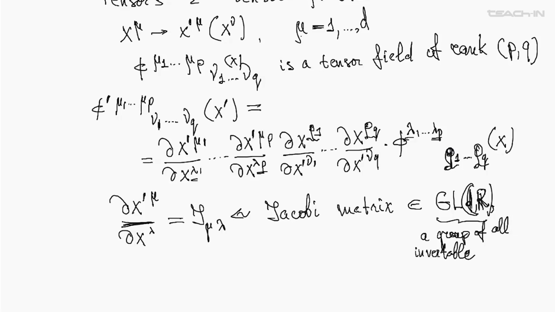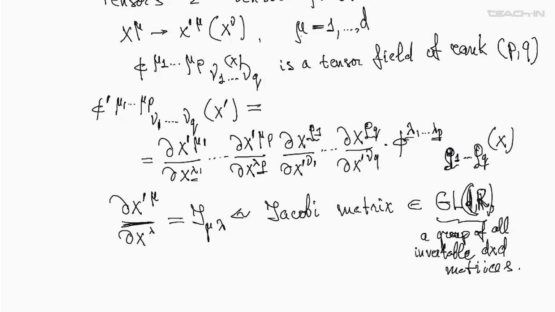What did I say about D? D is simply the dimension, which is an integer number. It can be 1, 2, 3, and so on. It's the dimension of our manifold on which we define our tensor field.